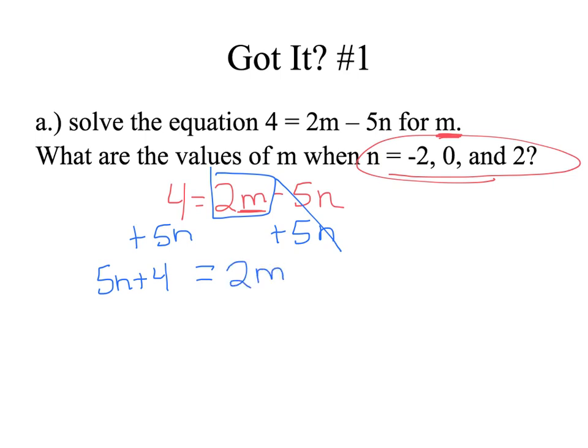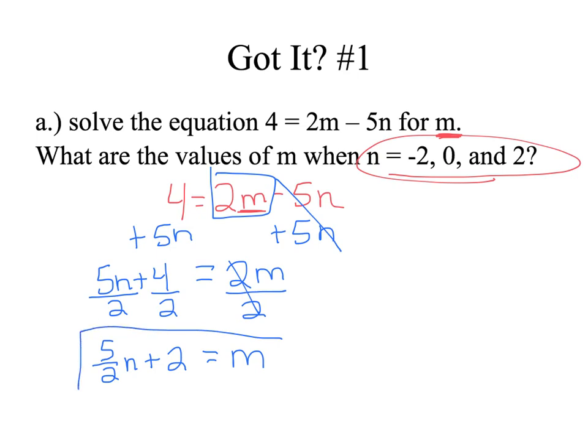Then in order to solve for m, I need to divide this by 2. So I have to divide this by 2, and I have to divide this by 2. Okay, so I have 5 over 2n plus 4 divided by 2 would be 2 equals m. So that's my equation solved for m.